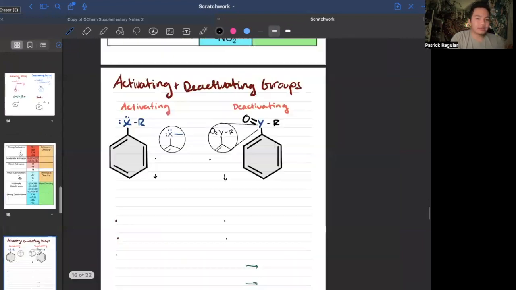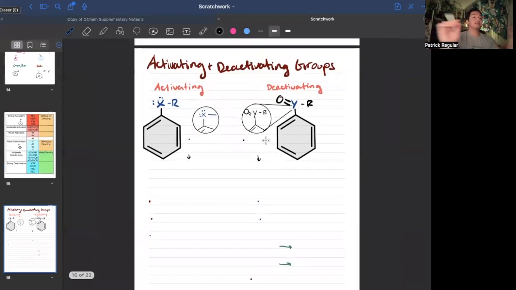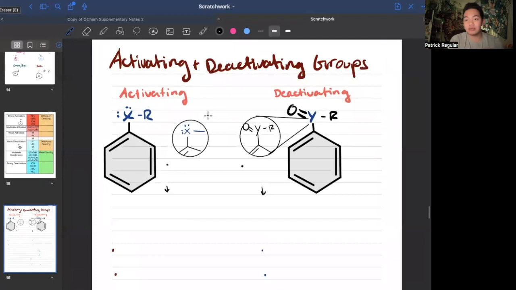So I'm just going to recap what I just said. In detail, activating groups are all ortho-para directing. They all have lone pairs. Activating groups are electron donating. When they contribute resonance into that aromatic ring, they're pushing density into the ring.